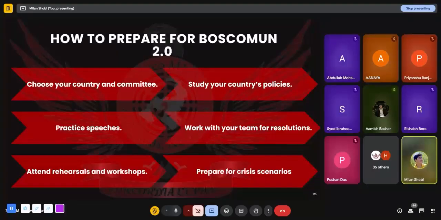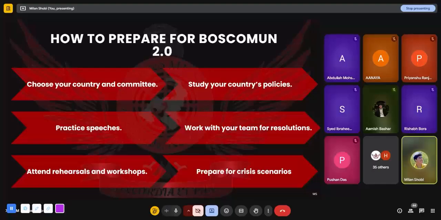Going further, practice your speeches. If you are not flawless, if you are not fluent, if you're not ecstatic when you are representing yourself in front of a committee, then honestly, you can fail yourself and the committee members inside your committee.